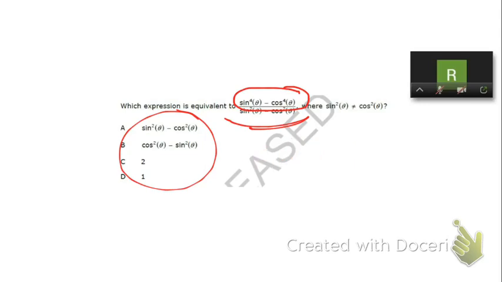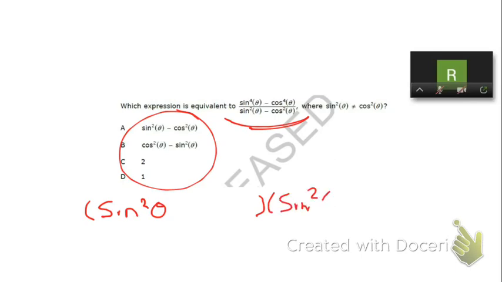We need more room for this one. So we have sine squared theta, because squared times squared is a fourth.